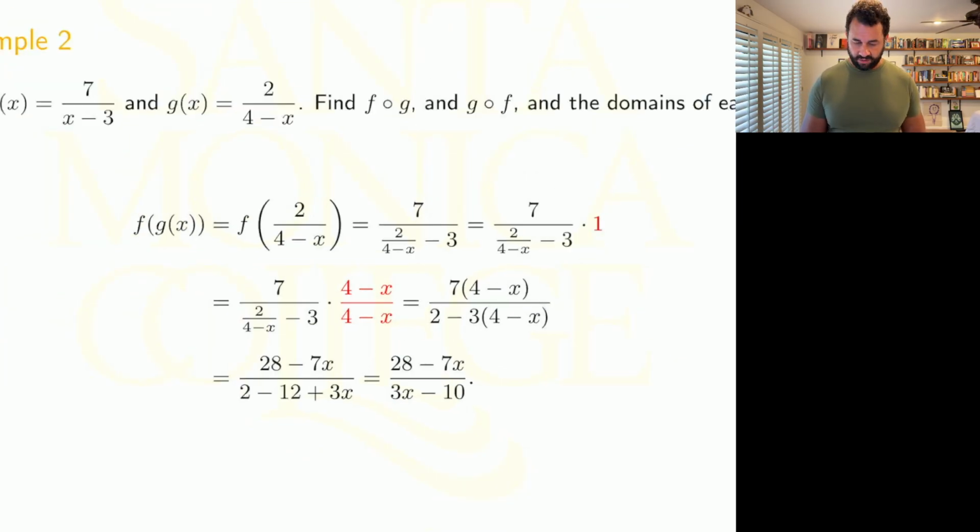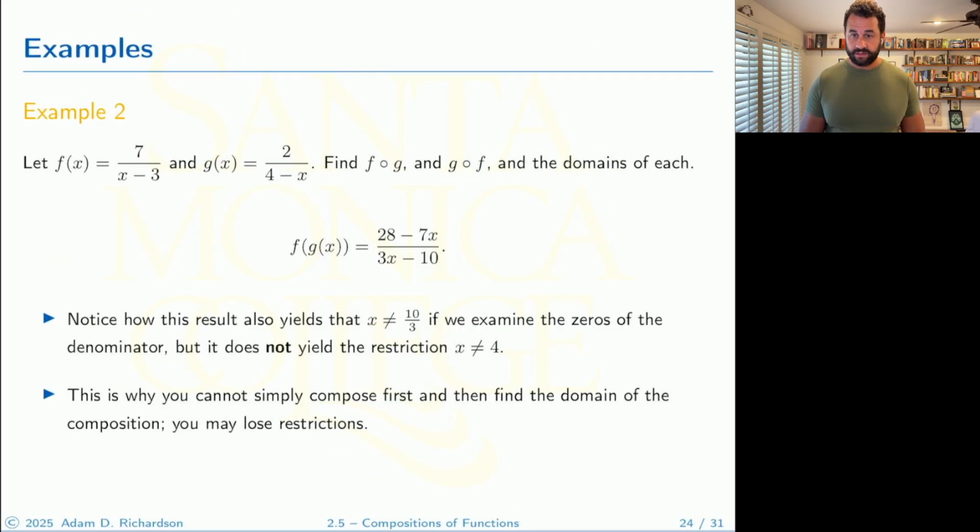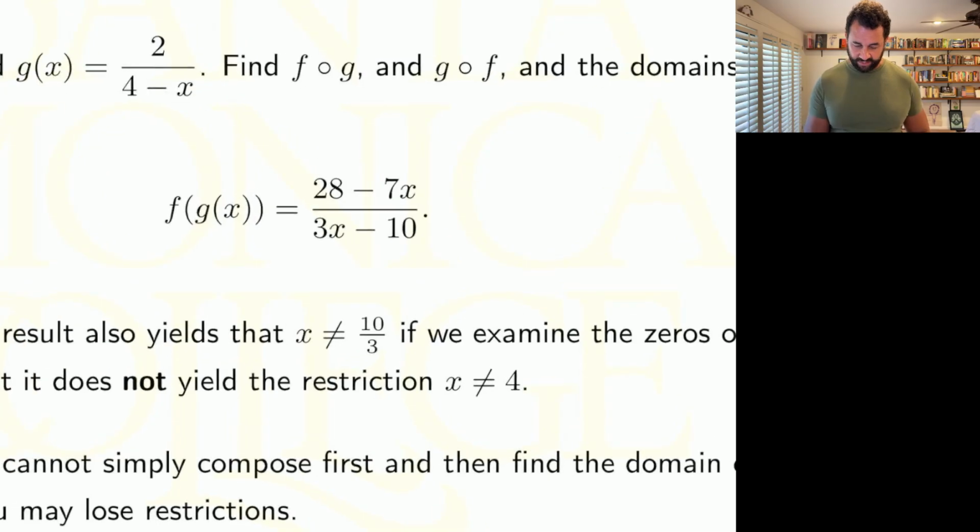Okay, now, little note about that. Take a look at this formula that we just computed. Notice that it actually yields the fact that x cannot be 10 over 3. If you take this denominator here and you set it equal to 0 and you solve for x, you will get 10 thirds.